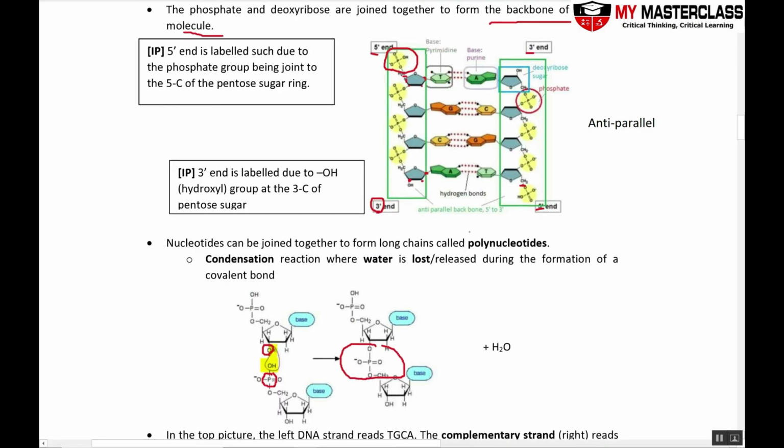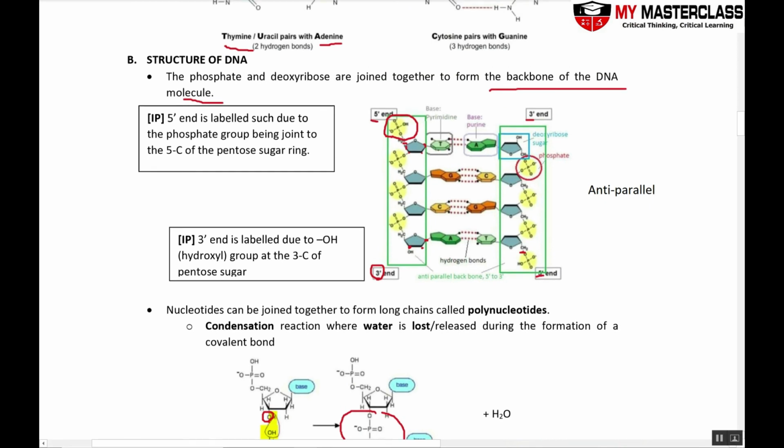Okay, so when we look at bonding itself together, eventually at the end of the day, you have got a long series of nucleotides, and each of these nitrogenous bases are paired in a complementary structure. So T is always bonding with A. Likewise, A will be with T over here.